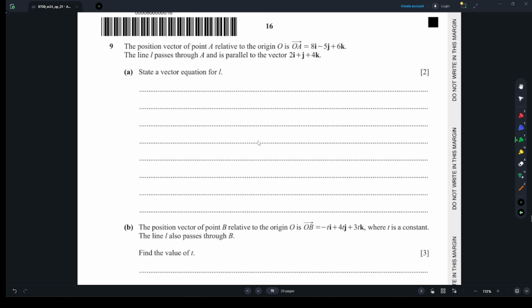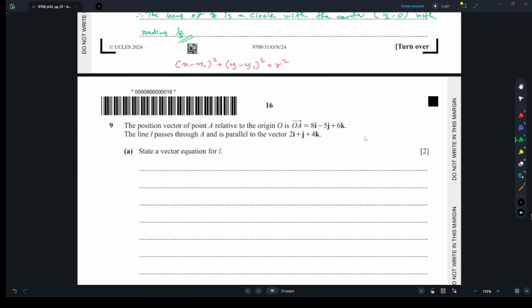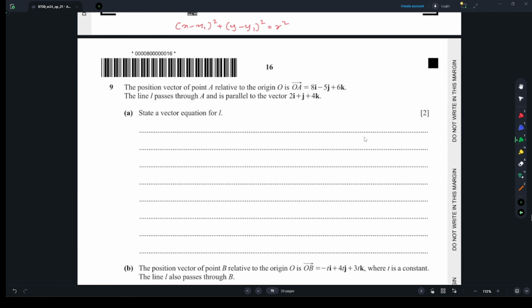So now let's move to the 9th question. So it's about vectors. Okay. Right. So here, the position vector of point A relative to the origin 0 is this one, and the line L passes through A and is parallel to the vector this one. Okay, state the vector equation of the line L. So now, what's the story? So here this is the idea.